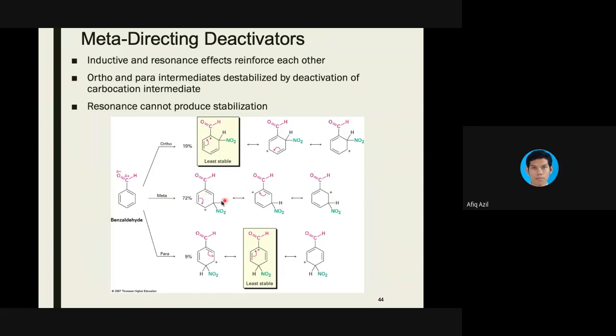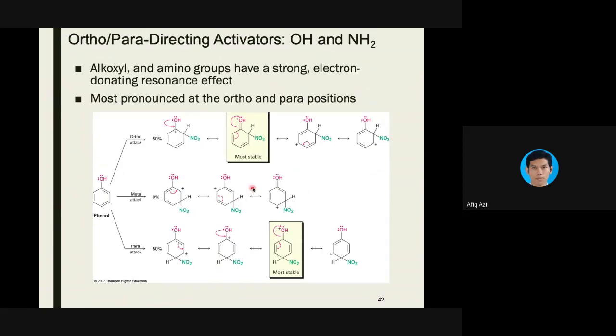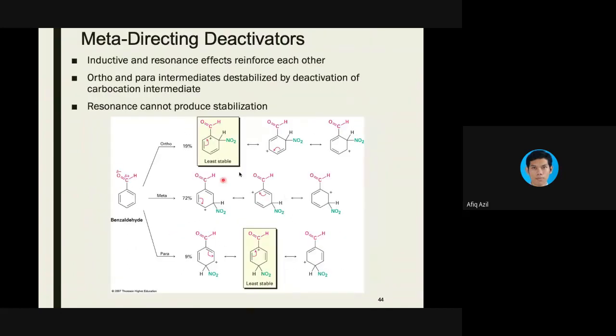Okay, if you look here, the meta intermediate is exactly the same as in the ortho-para directing activators, meaning that in the meta position the intermediate is, we can say, constant. The difference is in the ortho or para position. But for this meta directing deactivator, it prefers to go to the meta position because in ortho and para it has the least stable form of intermediate. Okay, not because here it contains the most stable form.